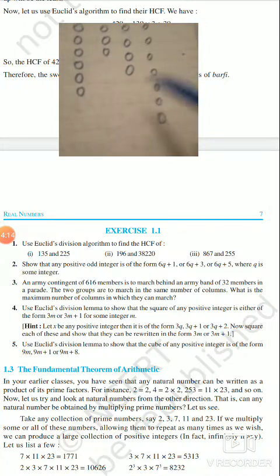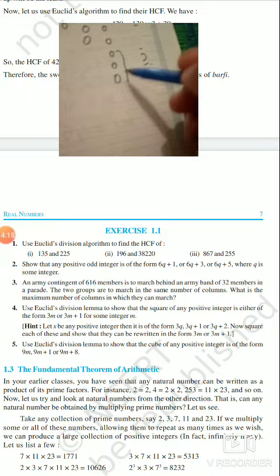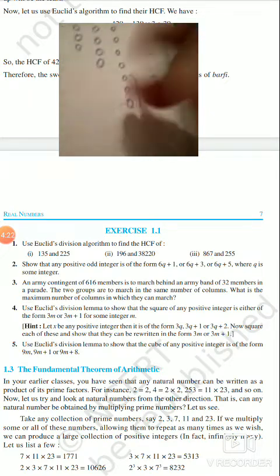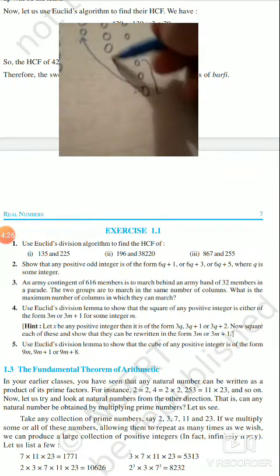You will shift some students from here to this row, and some to this row.